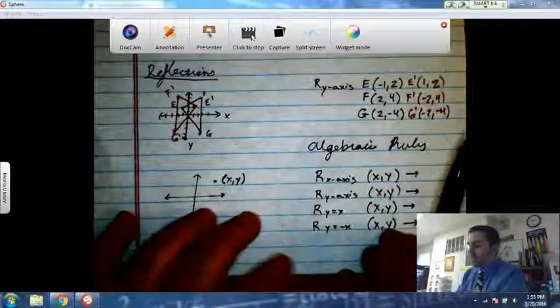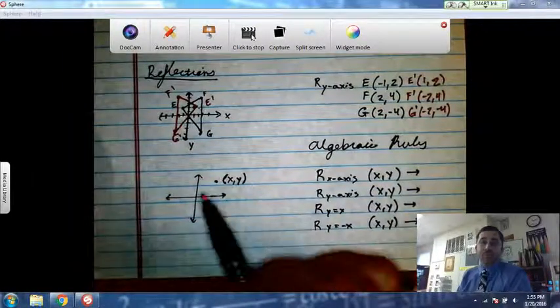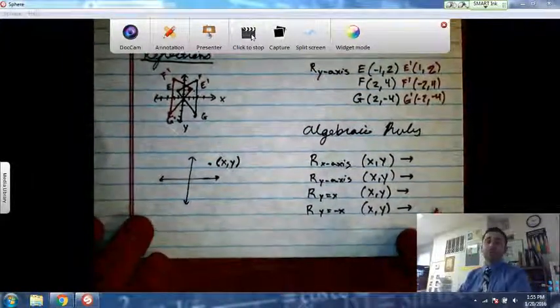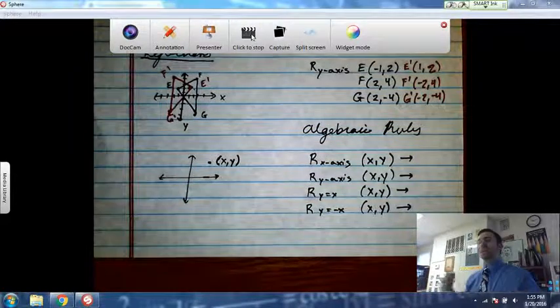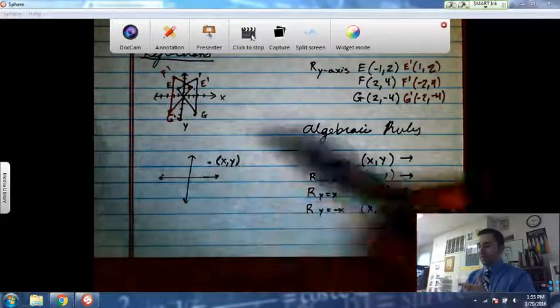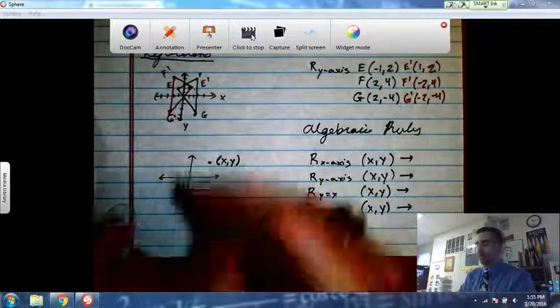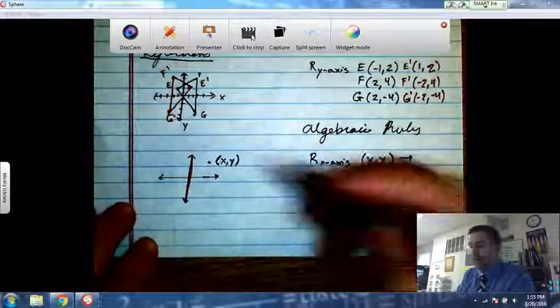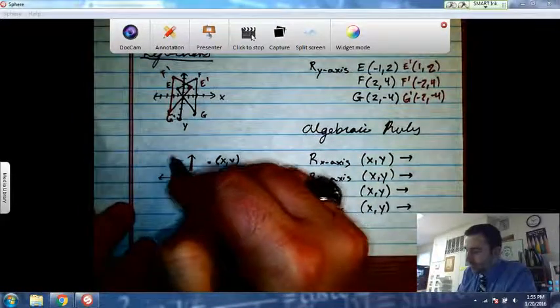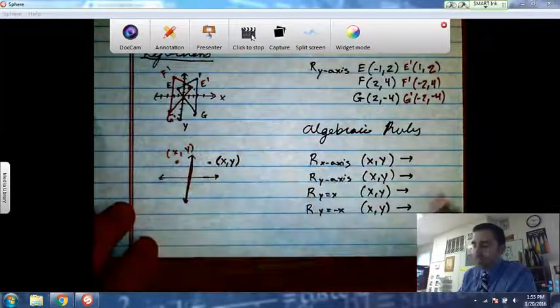So we can think of it in terms of algebraic rules. We don't want to memorize these rules, but we want to conceptually understand those investigations we were doing in class and how they relate. So if I just take the coordinate (x, y), with positive x and y, and reflect it over the y-axis, y stays the same.